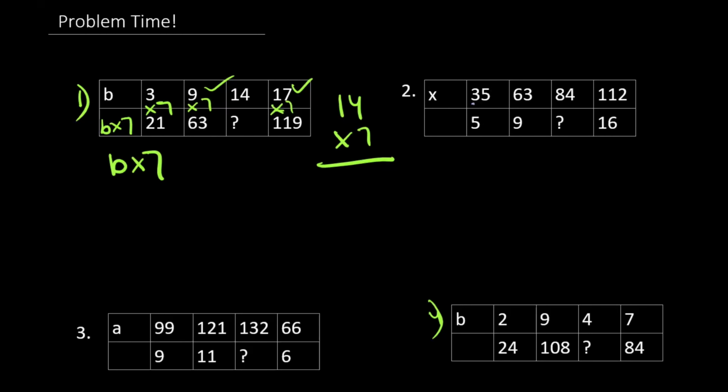And by the way, you can use any number and just substitute it for B, and then you're going to find what the bottom number is. Okay, so let's do it. 7 times 4 is 28. 7 times 1 is 7, plus 2 is 9, and then 98 is our answer.